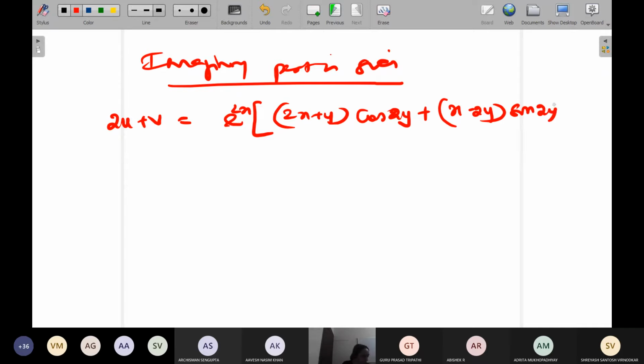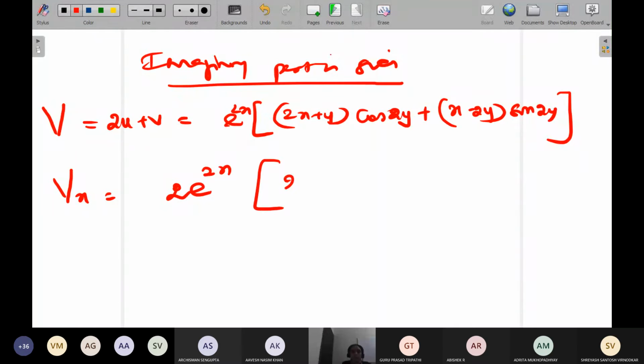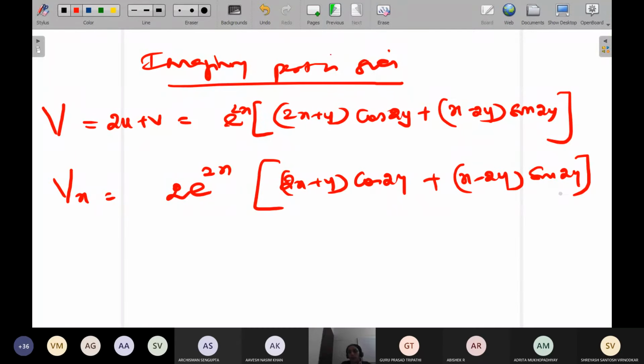This is equal to capital V. So find capital Vx. Vx means e power 2x into 2, and all the other terms will come as such: (2x plus y) into cos 2y plus (x minus 2y) into sin 2y. Yes or no? All the other terms will come as such when you find Vx?